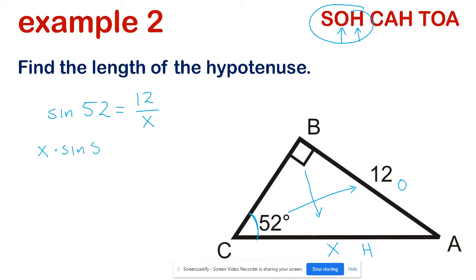So you're going to have x times sine of 52 equals 12 over x times x. So I multiplied an x on both sides. What that does is it cancels out the x's. And so now what you have is x times the sine of 52 equals 12.